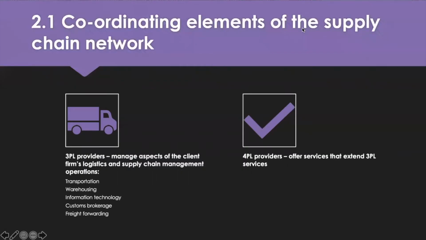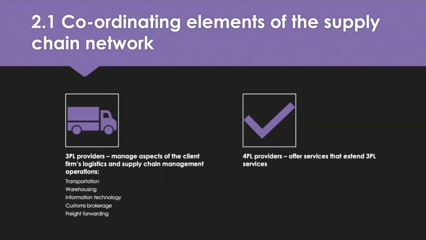So I mentioned third-party logistics and fourth-party logistics providers in Learning Outcome 1. They're basically outsourced organisations that offer long-term services to carry out buying, distribution and fulfilment services. So they work to detailed contracts to manage aspects of your firm's logistics operations.